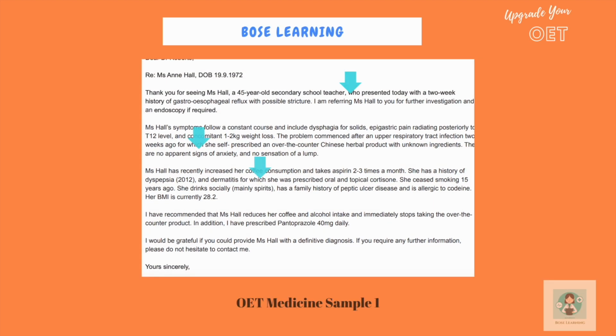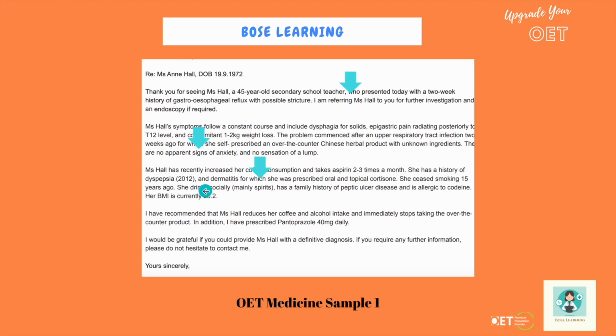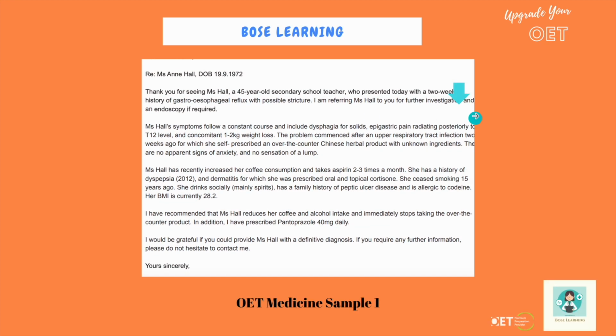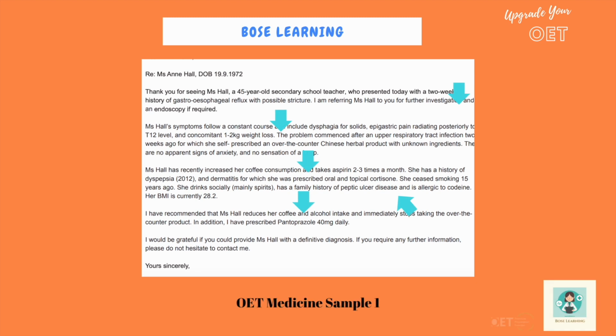Then we've got more ones here, for which, for example, for which she self-prescribed. Sorry, I know the arrow is blocking that slightly. We do have some ands as well. In fact, quite a few ands in different places. And again, it's so simple, isn't it?